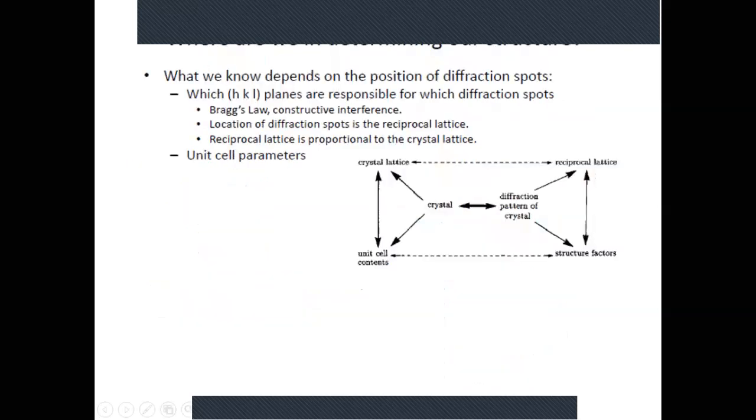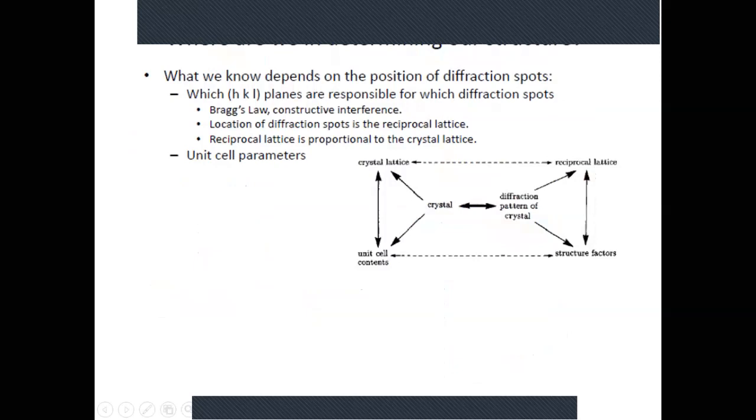So as we talked about, what we know depends on where the diffraction spots are on the image, because once we know the diffraction spots, we know where the crystal was, and we can calculate things like the HKL planes that are responsible for the different diffraction spots, which deal with Bragg's law, which is constructive interference, n lambda.